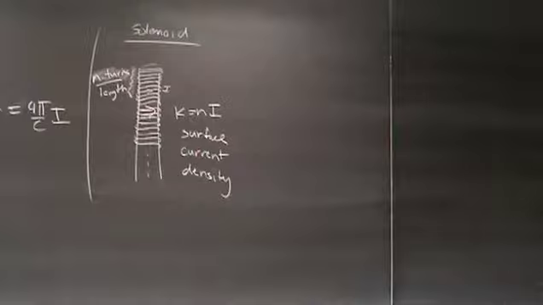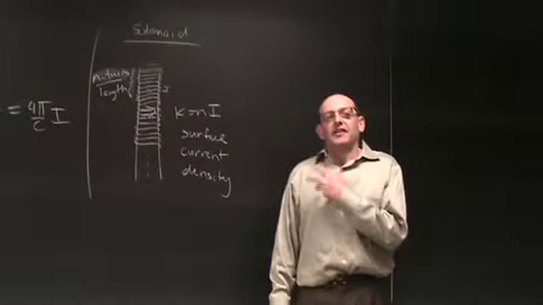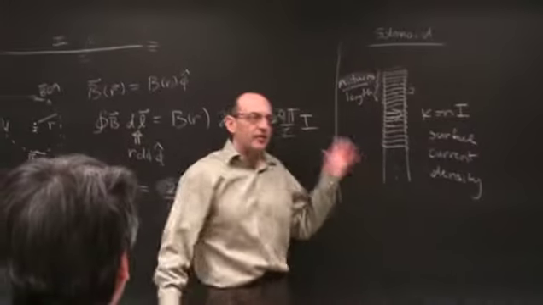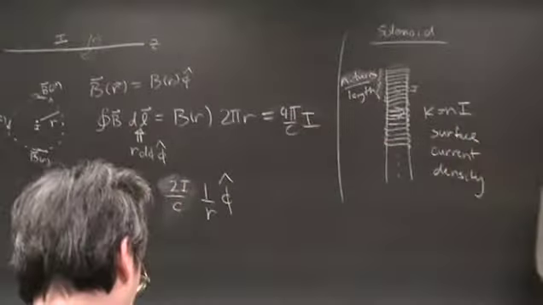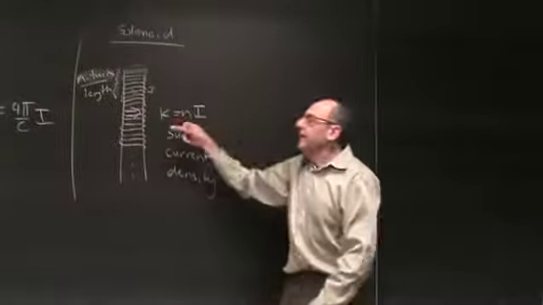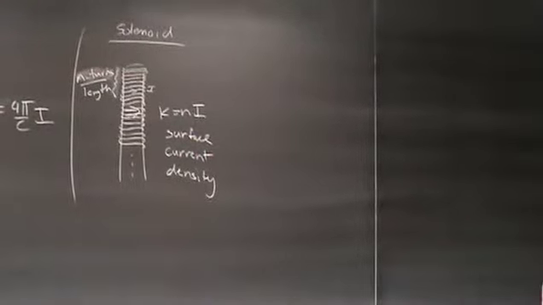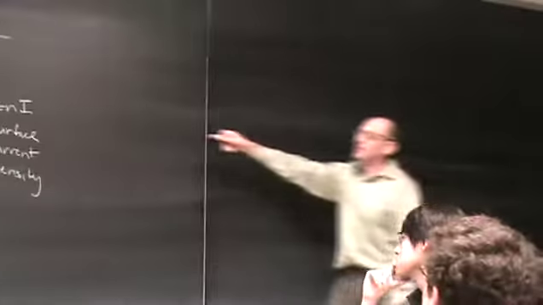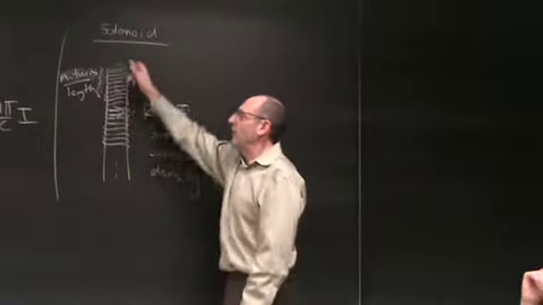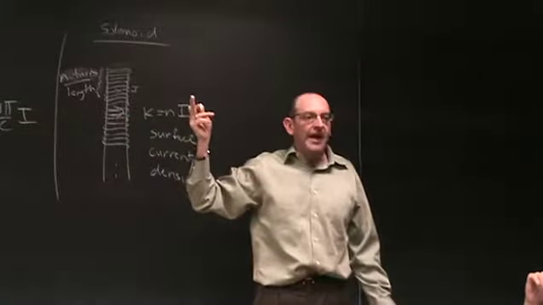So, in this case, it's not as trivial to find the form of the magnetic field of the solenoid. You have to do a little more work. But first of all, we know if this is infinitely long, the magnetic field can't depend on where I am relative to the center of the solenoid when I'm outside this thing, because how far away am I?